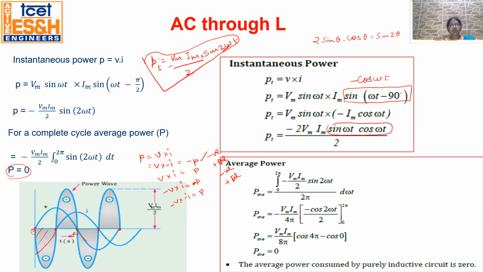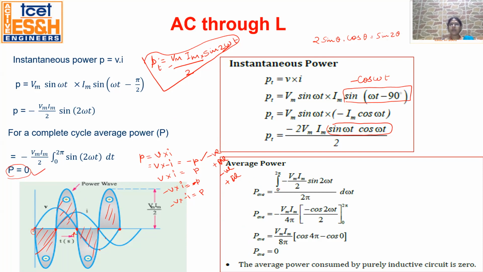So this positive and this negative, this positive and this negative will cancel each other. And the instantaneous power across the inductor is equal to 0 because of this double frequency. Clear? Now you also calculate the average power.